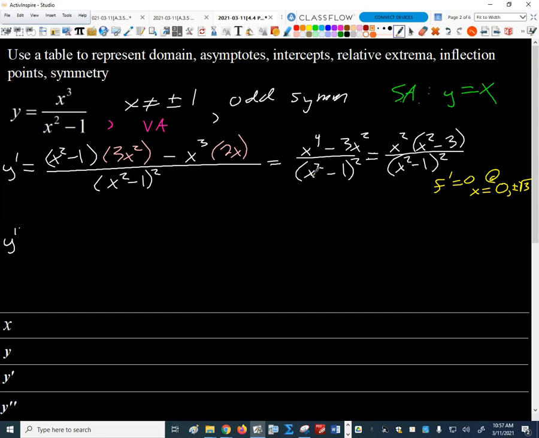We'll use this version of the derivative right here to take our second derivative. Everybody give me a thumbs up. Does that make sense? That's going to be the easiest one to differentiate. Okay. And so then let's see, we're going to get y double prime. Again, I've just got quotient rule. So I've got low d high.